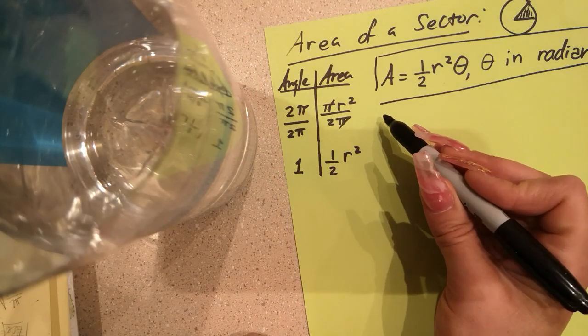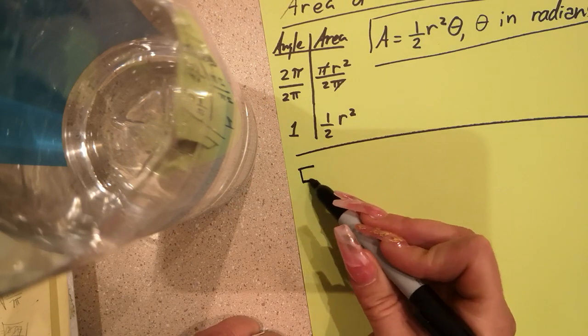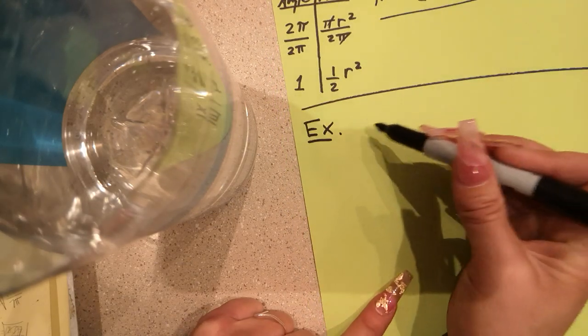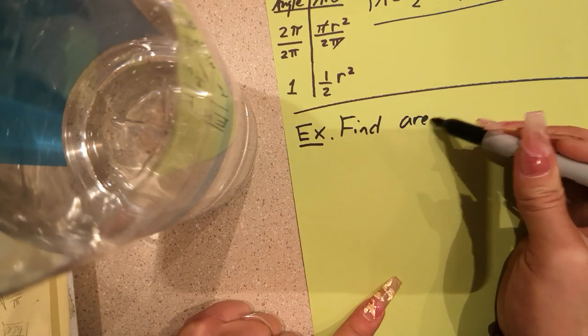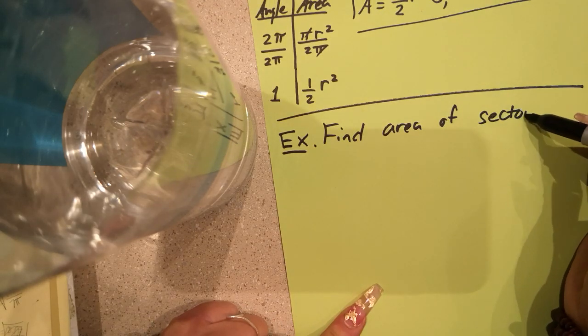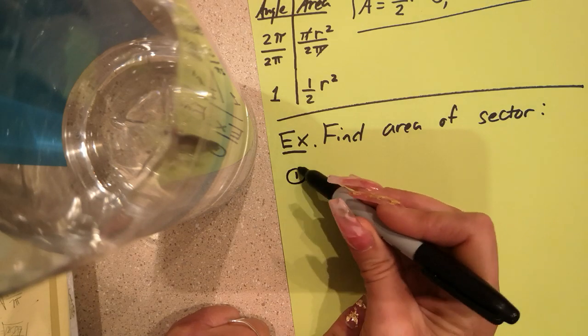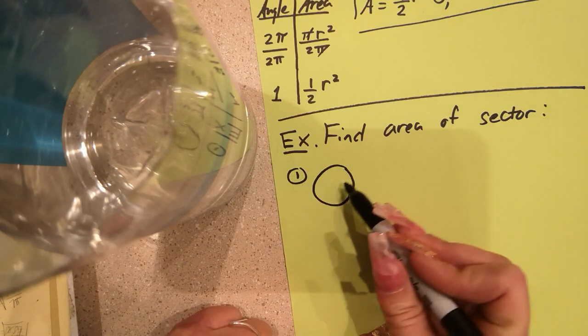Let's see what we can come up with then. For an example, let's say find the area of the sector. Okay, I'll try to do a decent circle. So I have a circle here.